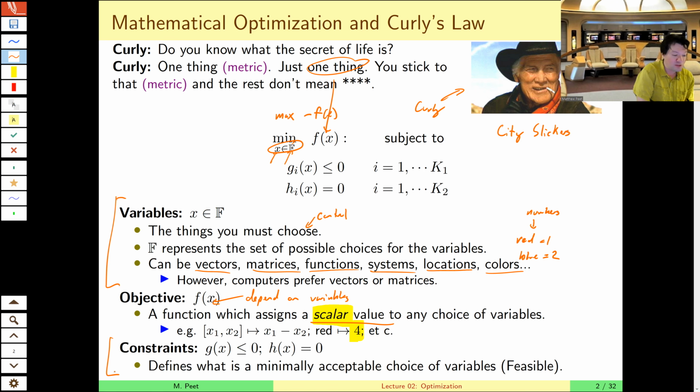Or if we have to travel to Goodyear, for example, to get blue paint, then that adds another variable, which is how far we're willing to travel, and that goes into our objective function. But in the end, there are some constraints which link our optimization variables together.